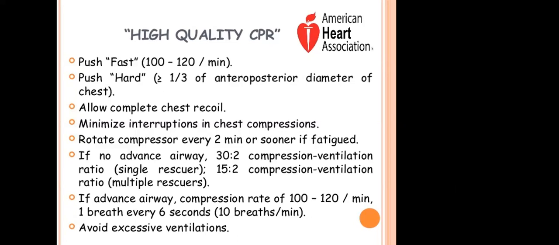So you give about 10 breaths in 1 minute. So the way to understand it is 100 chest compressions per minute and 10 breaths per minute when you have the airway in situ.